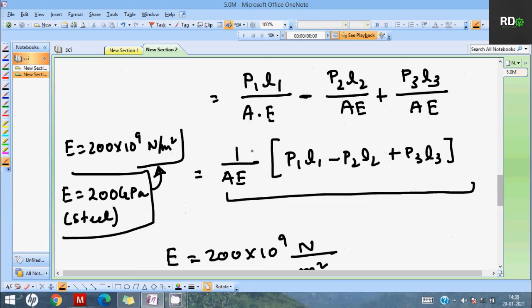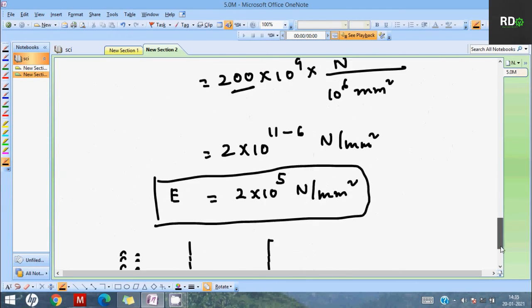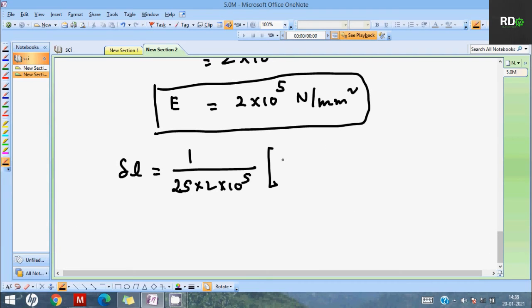So we'll put into this formula now. Don't forget the negative sign. So it will be 100 into 500 minus 150 into 800, 800 mm it was given, plus P3 L3, which is 50 into 400.